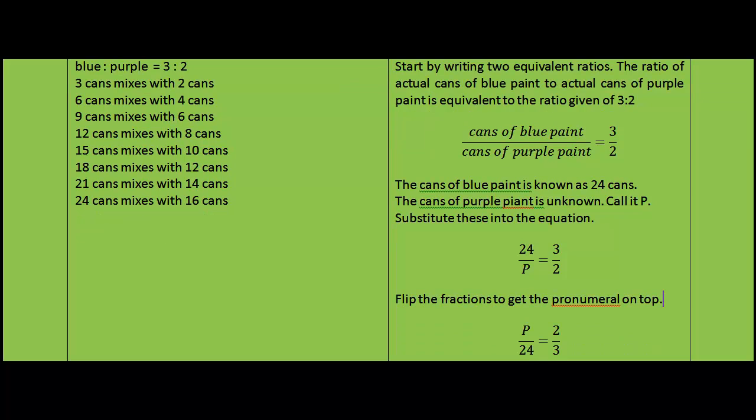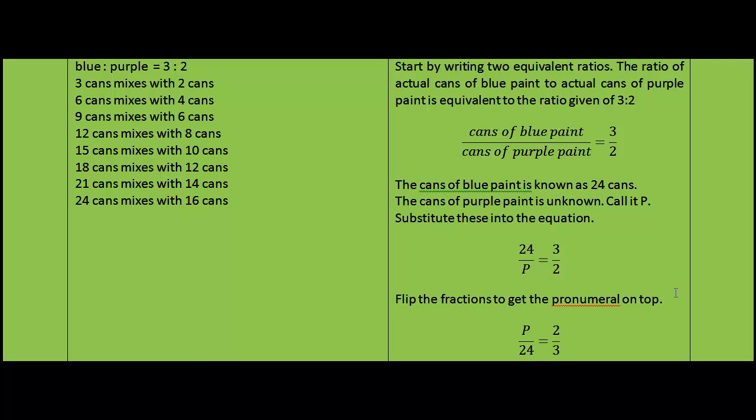What we don't know is how much purple paint is required. As before, if we don't know a number in algebra, we give it a symbol. In this case, let's call it P, where P represents the purple paint that needs to be bought in order to paint the house. If we substitute these two values, 24 and P, into the equation, we will find that we have 24 is to P equals 3:2.